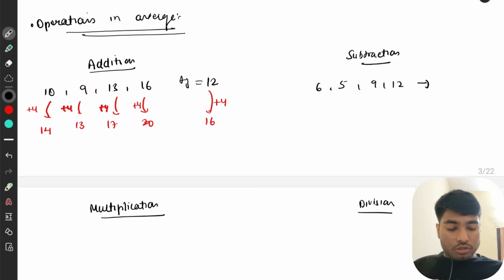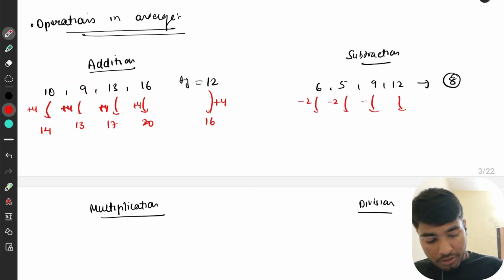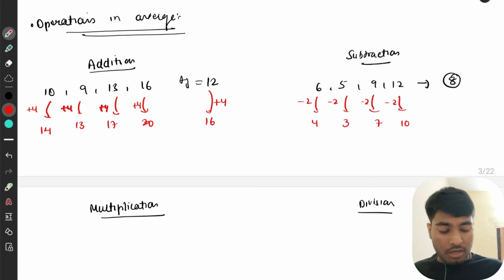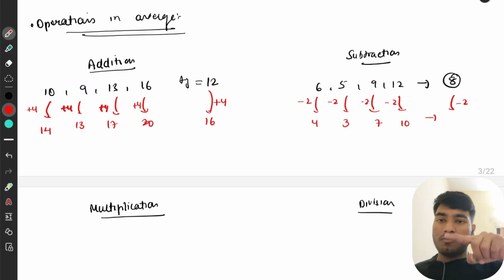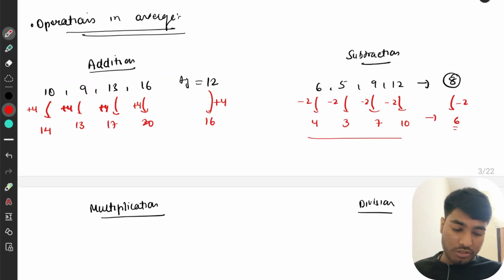Yeah, 32 divided by 4, that is 8. Okay, the average here is 8. Now let us subtract all of them by 2. So this will be 4, 3, 7 and 10. So the new average will be 8 minus 2, that is equal to 6. So the new average is 6. You can just check it out.